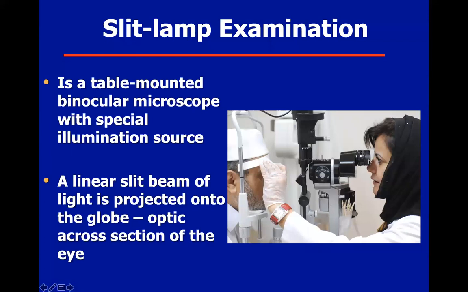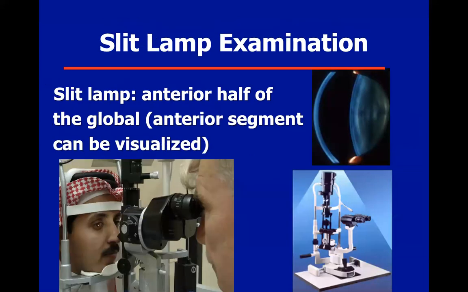You don't really have to know anything other than what a slit lamp is, and for us as ophthalmologists, we use it. It's really just a linear slit beam of light that's projected into the globe, and usually all the way from the cornea onto the anterior chamber, on the lens, then into the vitreous, and then either onto the optic nerve or macula, which we will be discussing later. As I told you, this is just an orientation to ophthalmology before we actually start our 5 lectures.